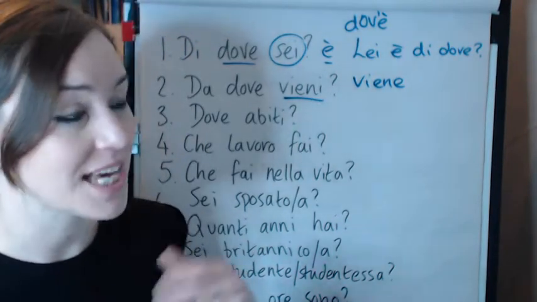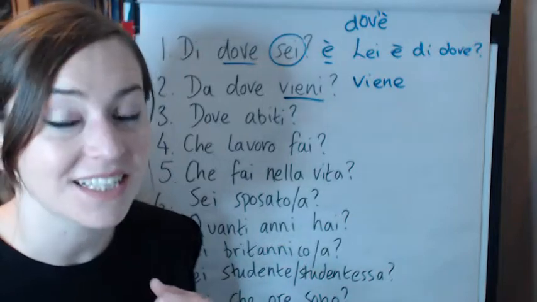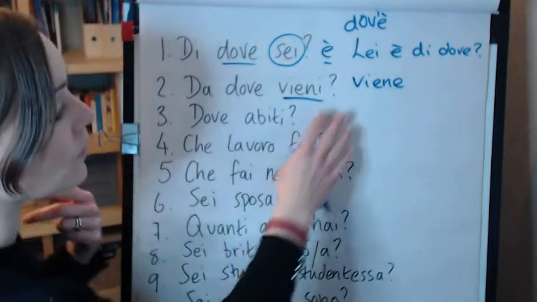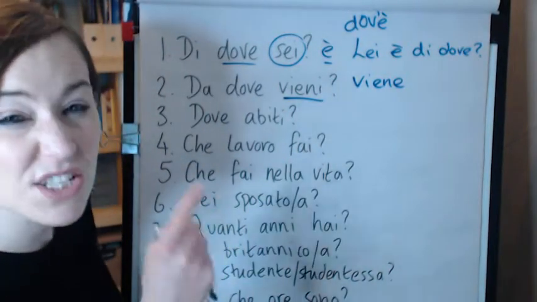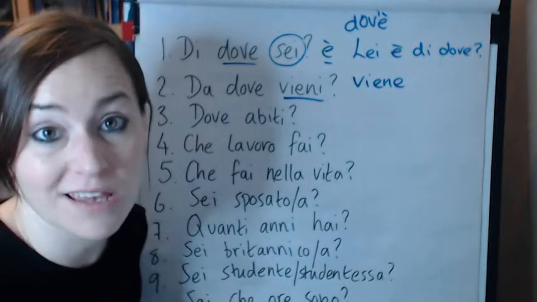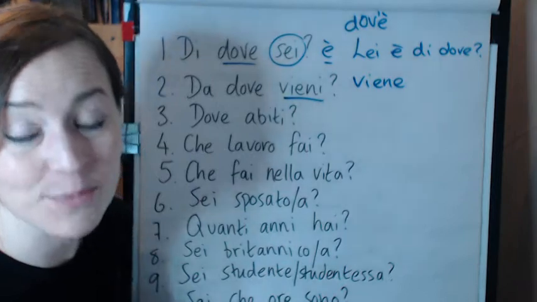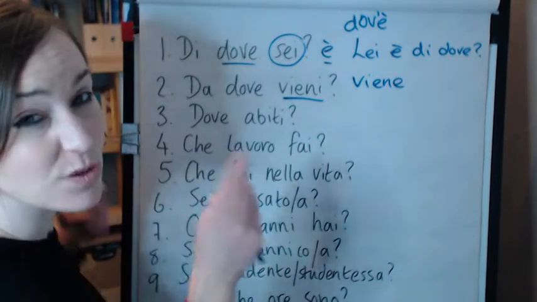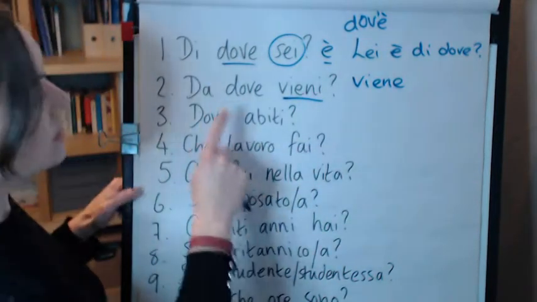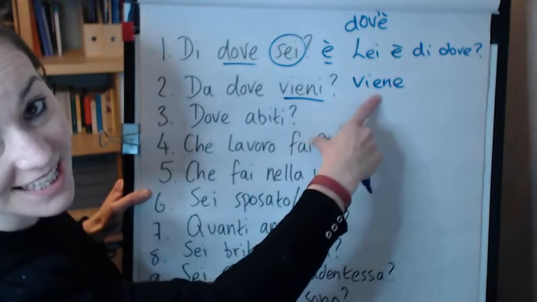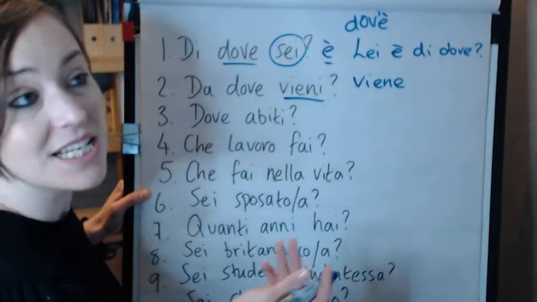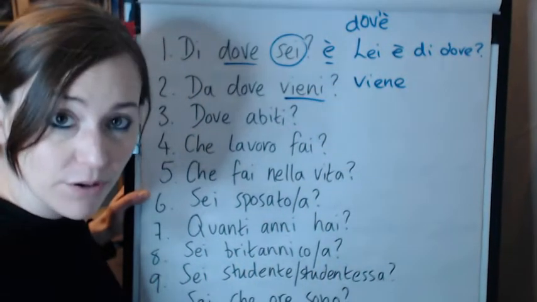Mangia, cammina, canta, etc. But here we've got an example of an ERE verb, finishing with an E. Finisce, capisce. They tend to end with an E in the third person he, she form. So da dove viene, with an E, is how you would ask, where do you come from, in the lei form.